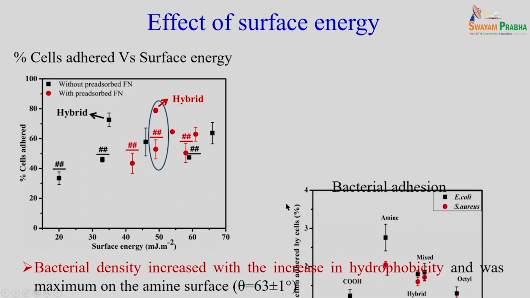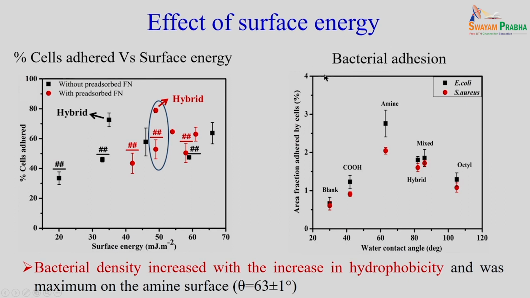Apart from this, we tried to see the adhesion of bacteria. We used two bacteria, E. coli and S. aureus. Adhesion of bacteria leads to infection and biofilm formation. So, we tried to see how bacterial adhesion changes on different surface wettability, and what was observed is that the effect of surface hydrophobicity as well as the effect of surface charge both played a key role.